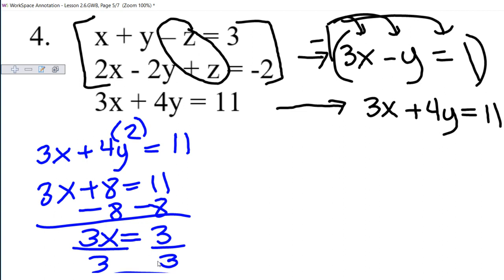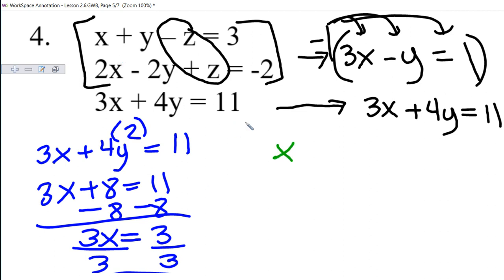We have y. We have x. Which one are we missing? z. Which equations have a z? The top two. So out of the top two, I can pick either one. Which one looks easier, the first one or the second one? First one.